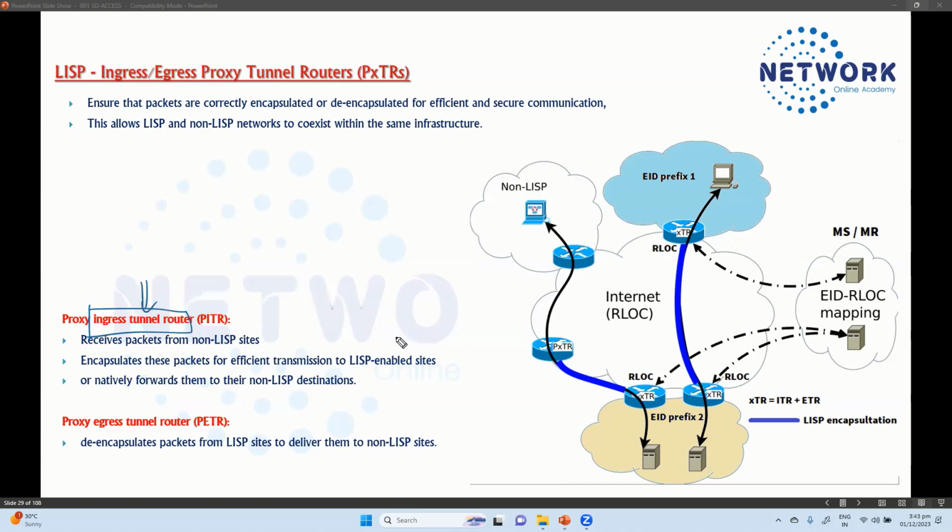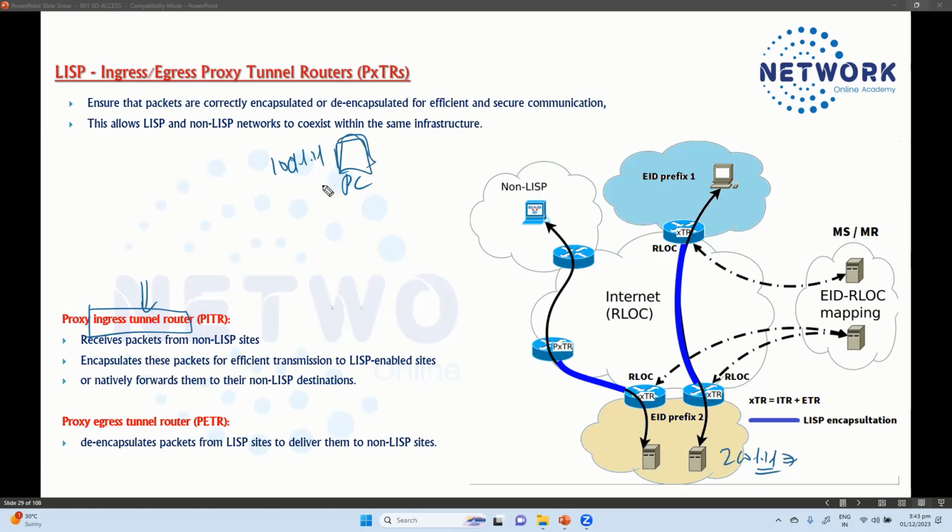This is going to receive the packets from any non-LISP sites. Let's say we have a specific PC, and the user is trying to send out a packet from 100.1.1.1, and the destination is 200.1.1.1, which is on the LISP site.